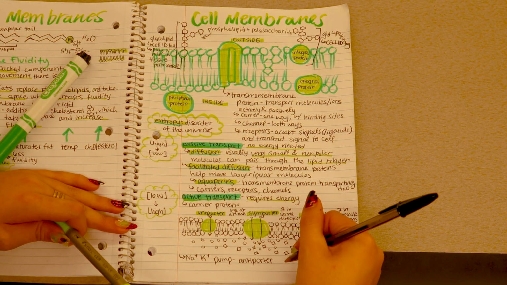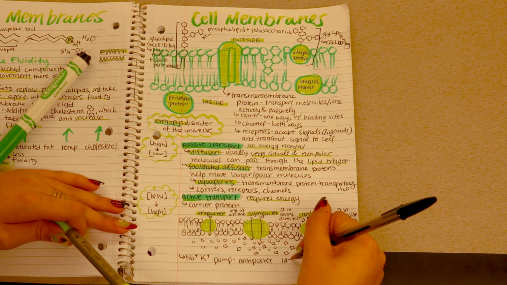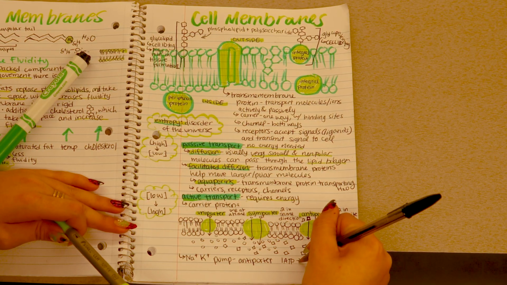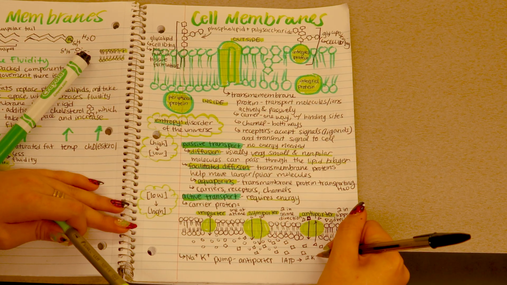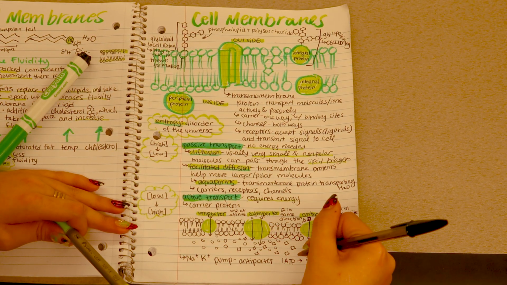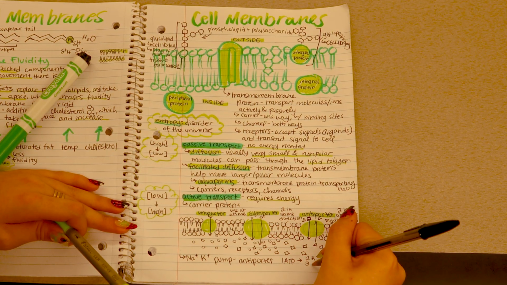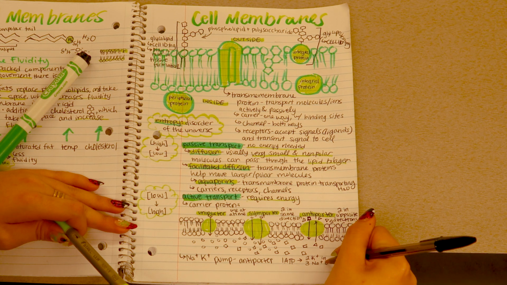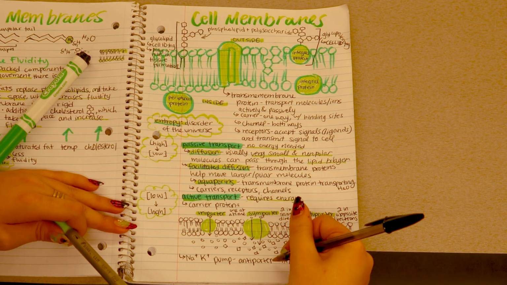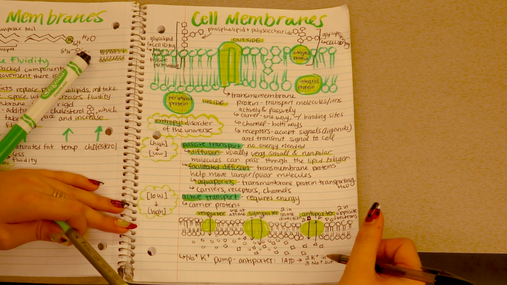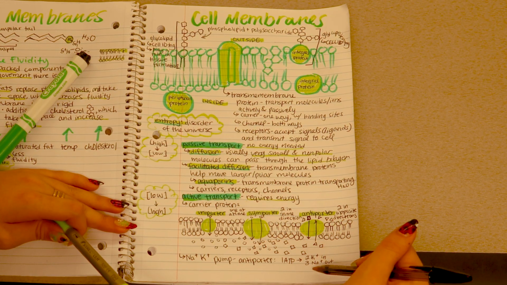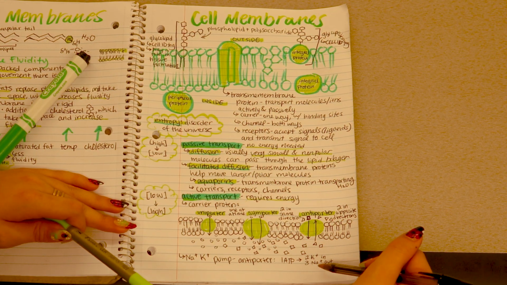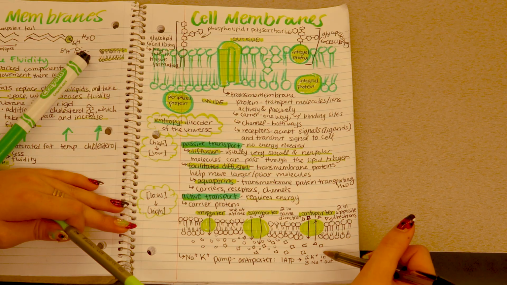But basically what that does is it uses 1 ATP, which is basically like the cellular dollar, you know? So 2 potassium in and 3 sodium out. So that's using an antiporter to put some in. Say this is a square. We use 2 potassium ions in and then 3 sodium ions out.